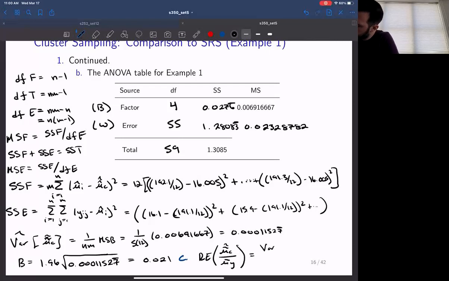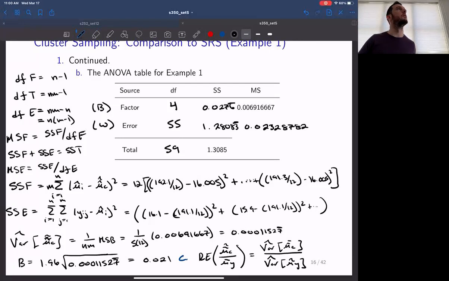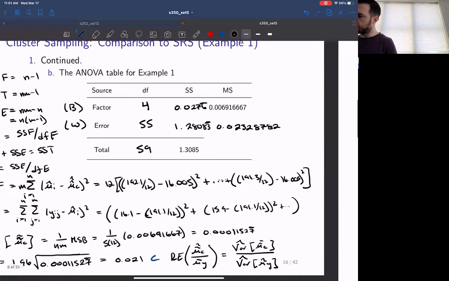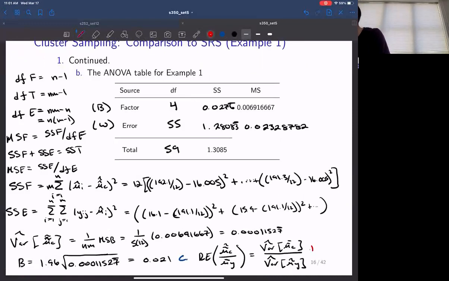So this is going to be the variance of mu double tilde C over the variance of mu tilde Y. Okay. I'll just say see next slide here.